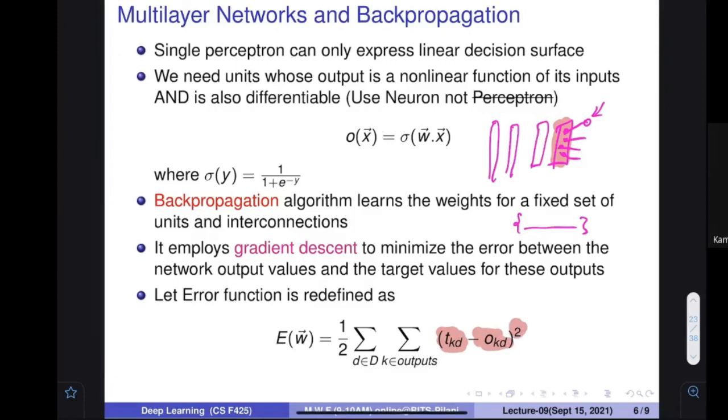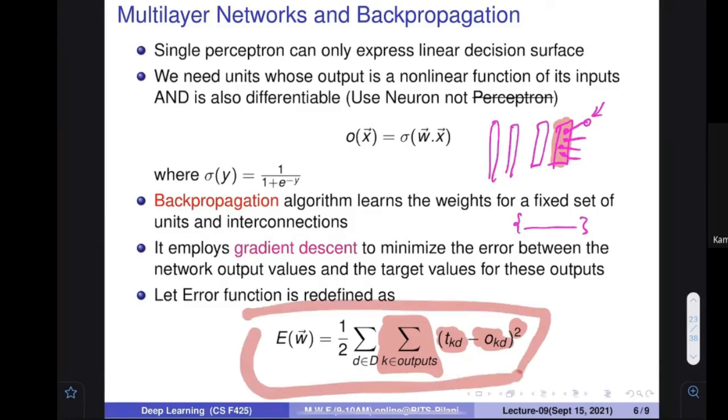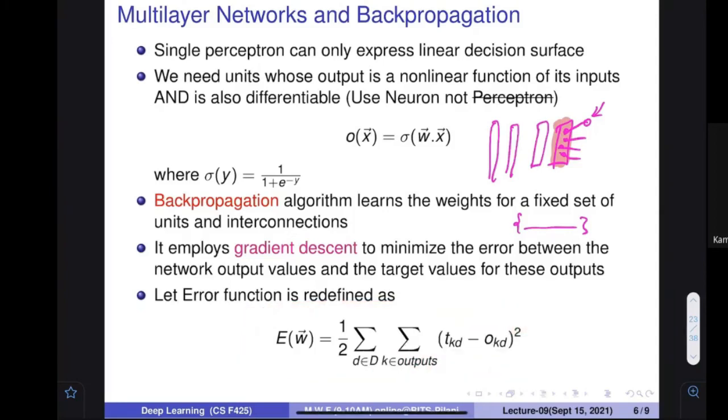You also have to add one more point: for all the outputs that are there, you find the summation of this quantity. The general formula for the error in a neural network is this, where for all the data items, we see on all the outputs what is the difference between target minus output. This is the error function. I think this is also straightforward and very clear.